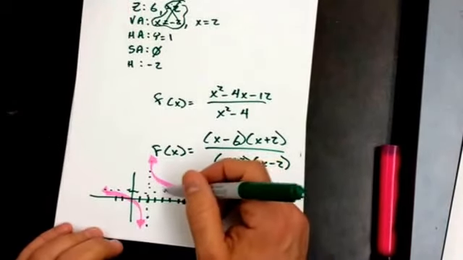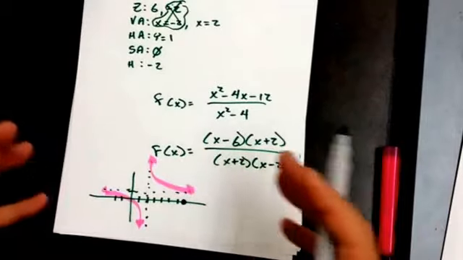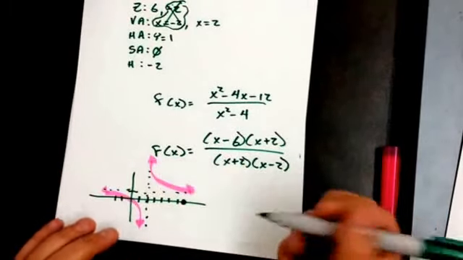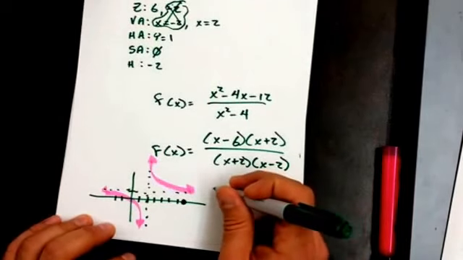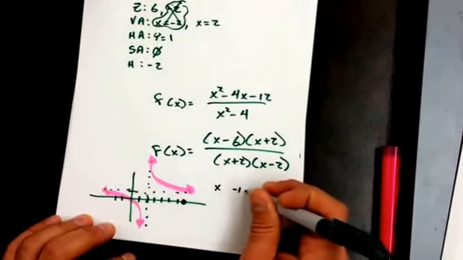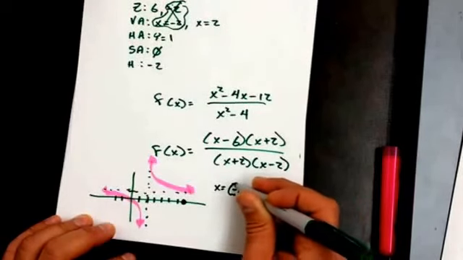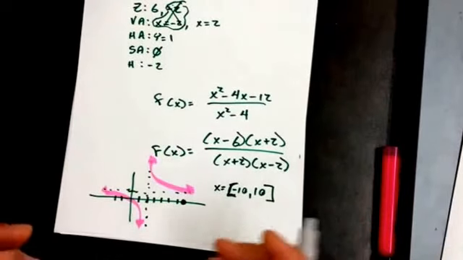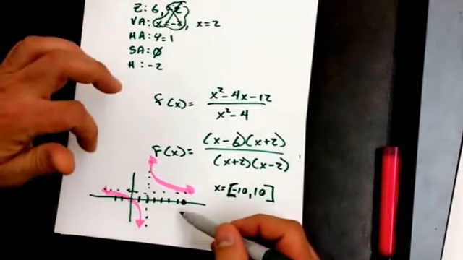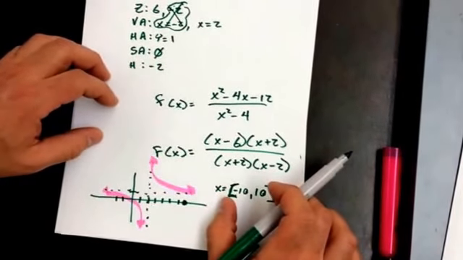You can actually cross your horizontal asymptote in a range that is close to 0. So you're going to look at x values between negative 10 and 10. It has to be something really close to the origin. And so you're usually going to find it in between negative 10 and 10.